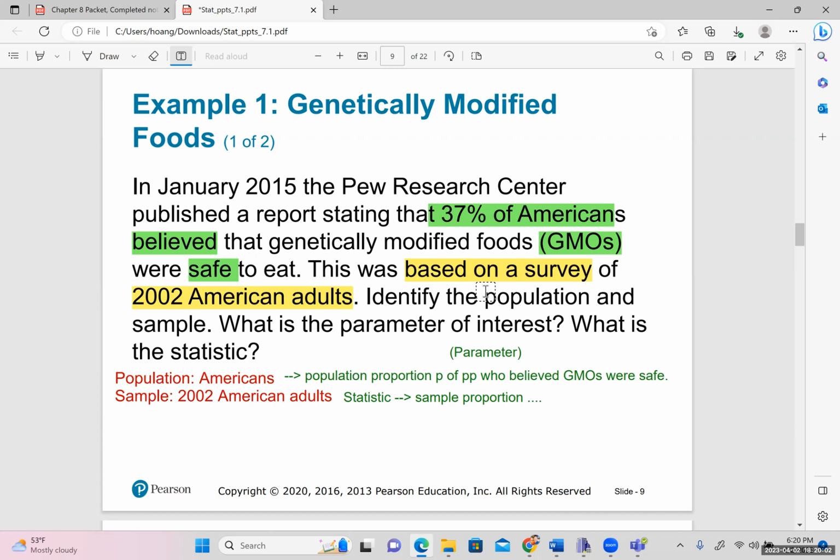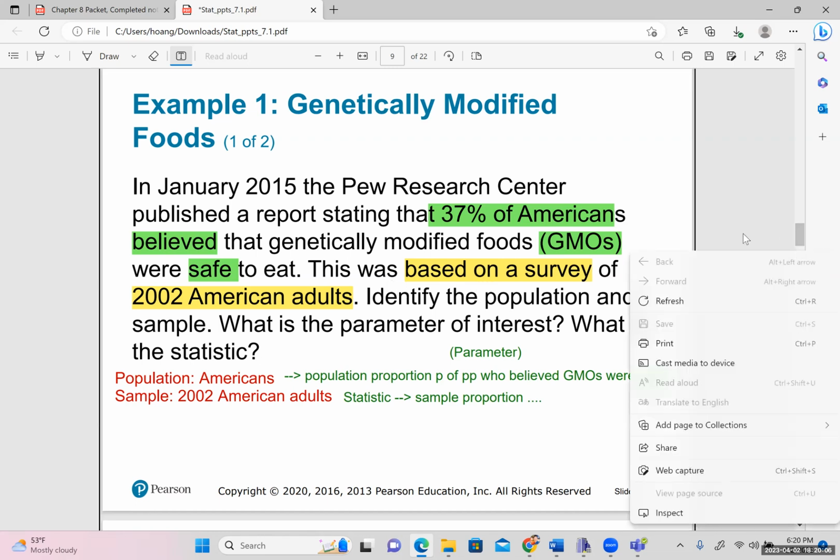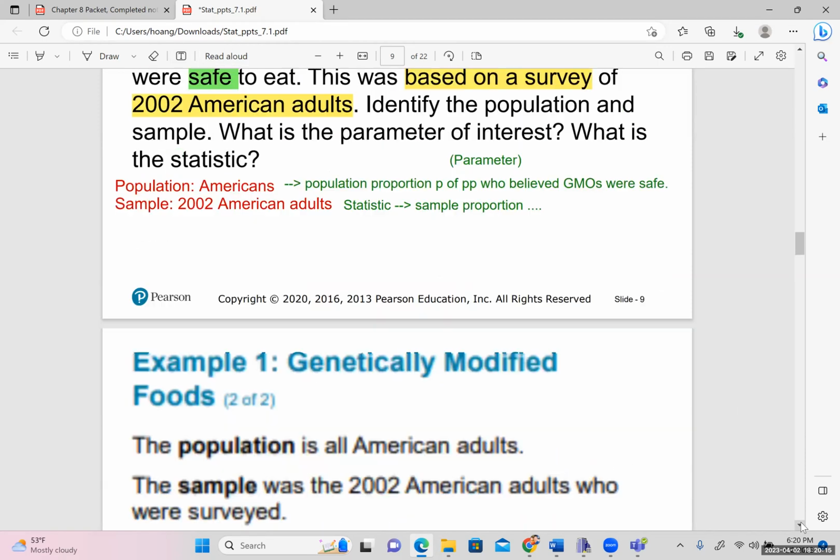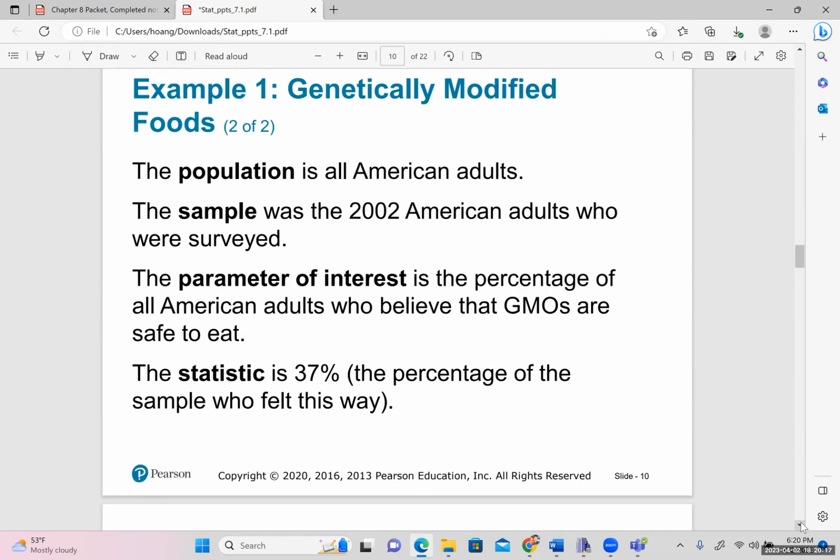So let's take a look at what we have in the answer key.